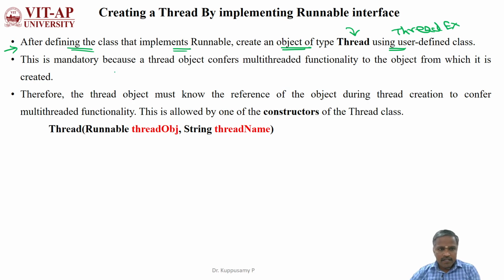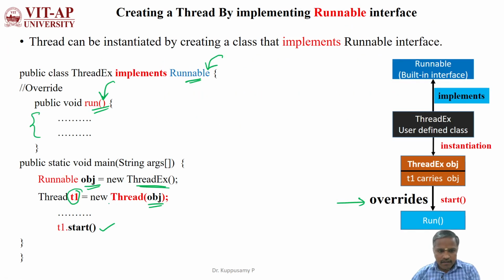This Thread is mandatory because the Thread object applies multi-threaded functionality to that object. That means here the thread is defined by invoking the obj, right? This obj is defined by ThreadEx. ThreadEx is the class which is receiving the facilities of the Runnable interface.